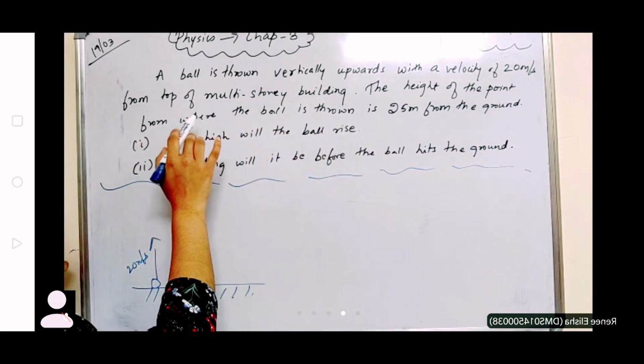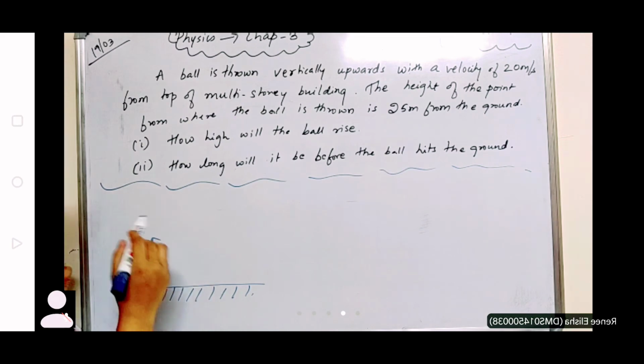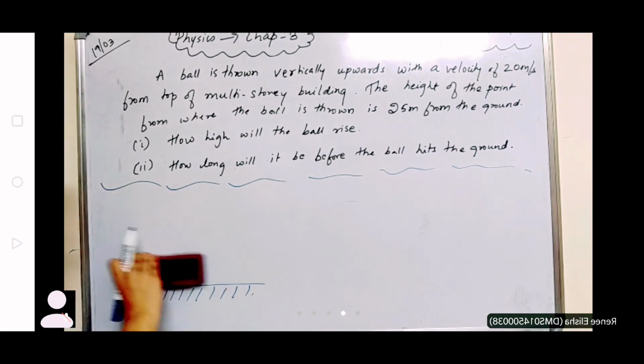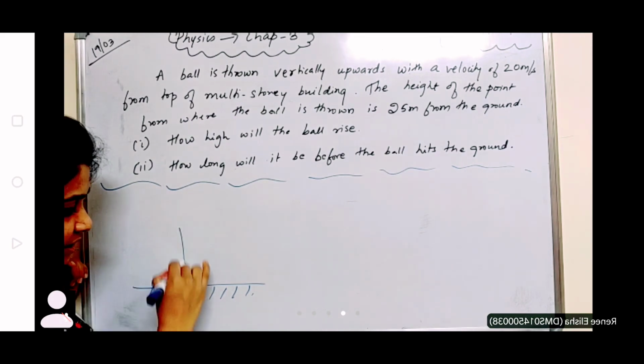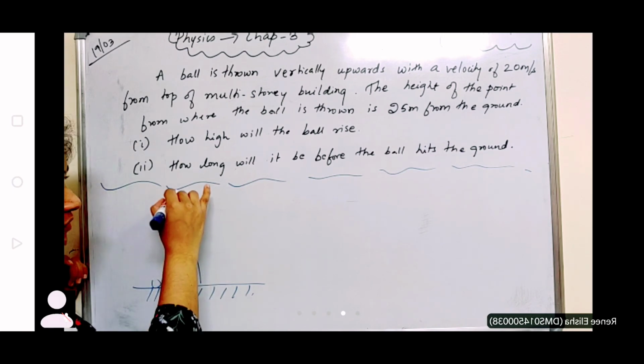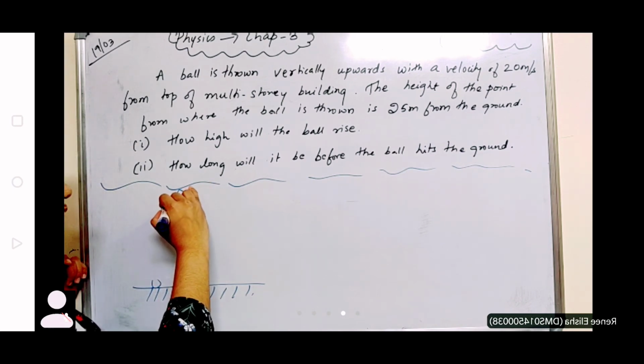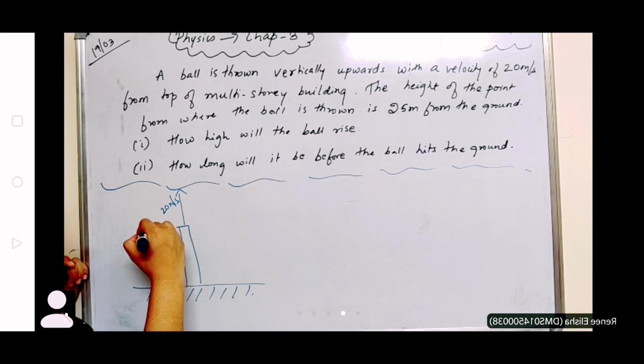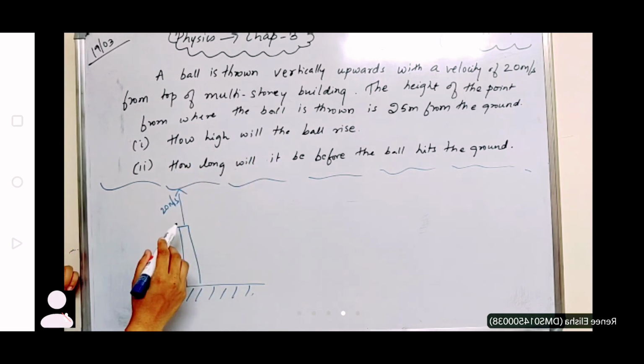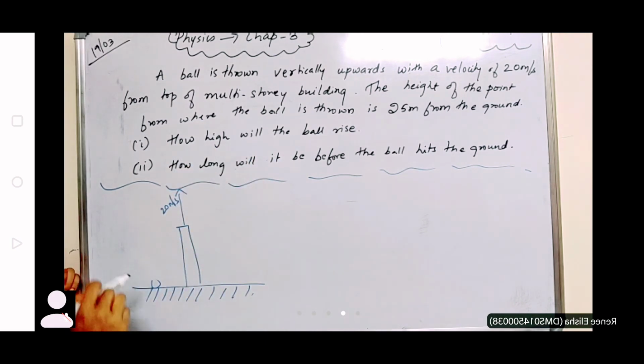Then, from top of a multi-story building, that means from the top it is thrown, not here. So this is the multi-story building. From the top we have thrown the ball at 20 meters per second. And then what else?